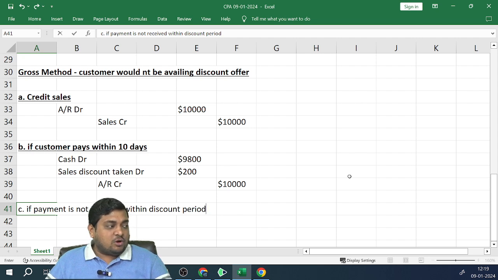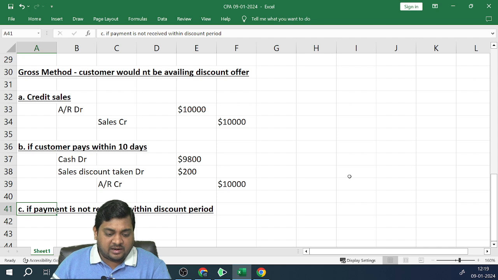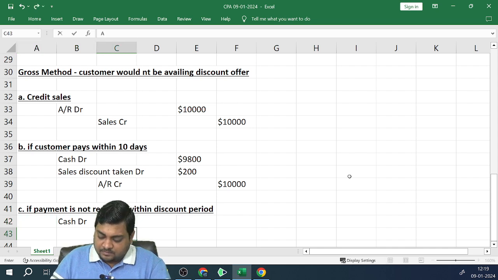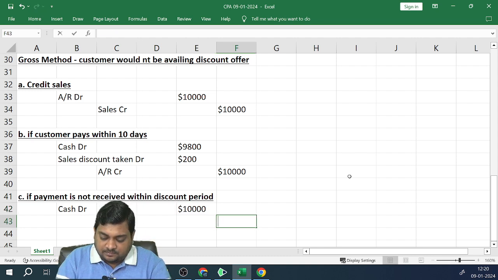If payment is not received within the discount period, it means that payment is received in the normal time period, right? So in that case, this is very simple. Cash debit, accounts receivable credit. This is $10,000.